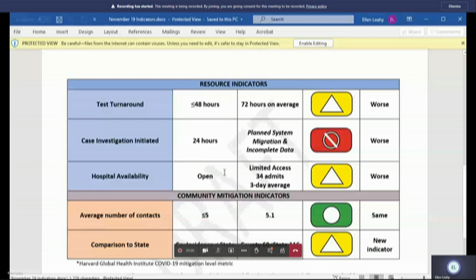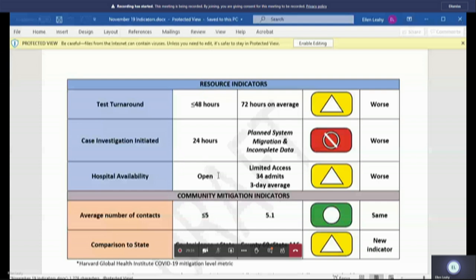Either all your beds are full, your beds aren't full but you have too many staff out due to the illness, which of course, ironically or paradoxically, happens at the same time that your cases rise in the community, or you divert for a specialized purpose because you need intensive care. So this is not relating only to COVID. This is relating to the hospital being available for any needs, including COVID.